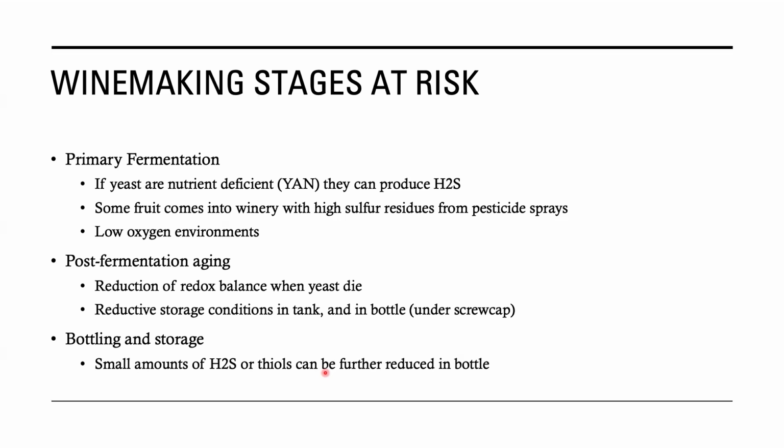But overwhelmingly, the fault in bottle is not reduction. The fault in bottle is oxidation. The fault post fermentation is usually reduction. So during primary fermentation and then just after that primary fermentation, which is kind of where we're probably at right now, is where we're probably going to see some reductive notes.